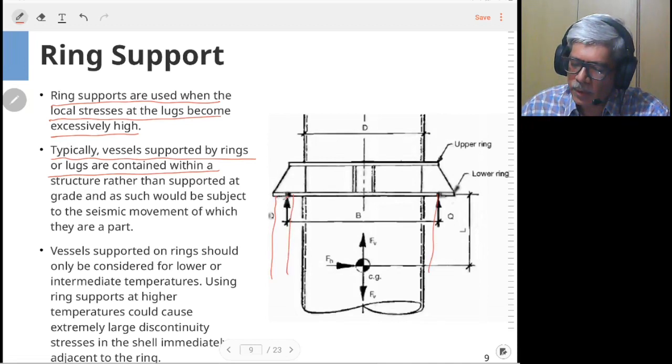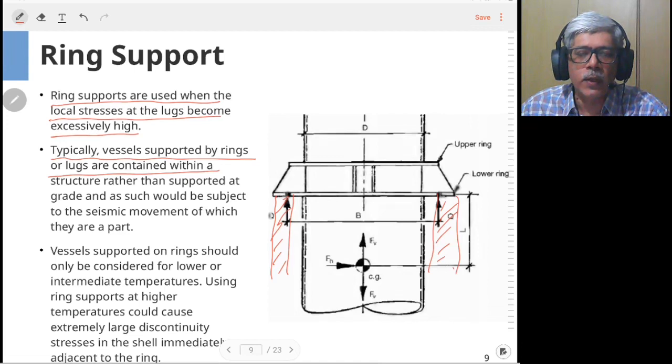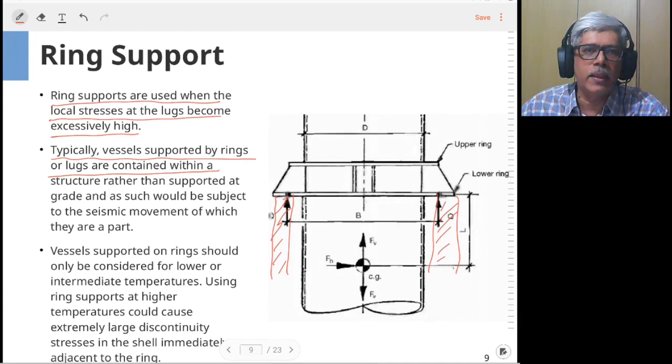You may have some kind of steel structure mounted around the ring. The ring will be supported at maybe 4, 6 or a certain number of points through some lugs or legs, which will finally get supported on a civil foundation, that is, a concrete foundation.